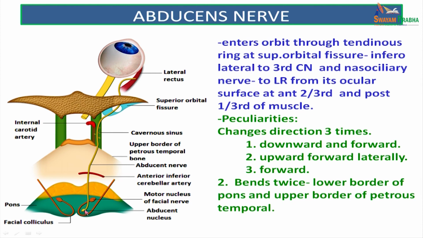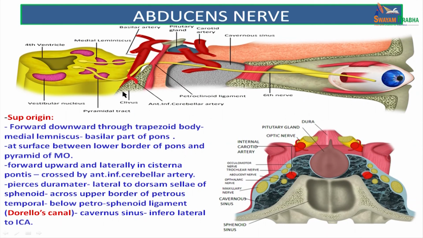The peculiarities of this nerve are, it changes its direction 3 times. Initially, it is downwards and forwards, and then as it has to cross through the apex, it will ascend upwards and laterally and then forwards.